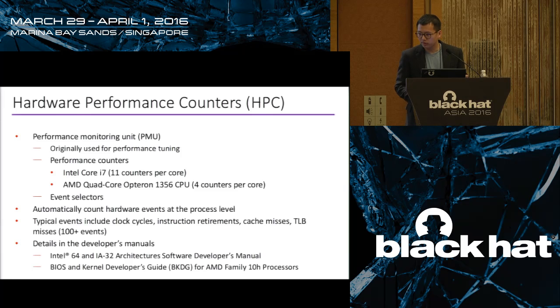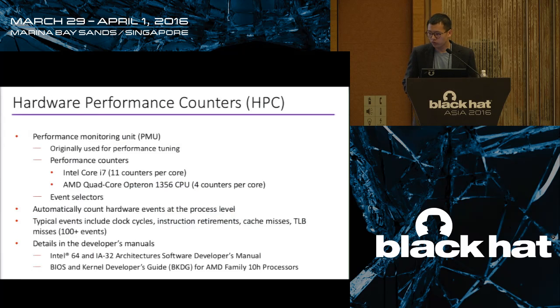All right, before I dig into the detail of NumChecker, I'm going to give a brief explanation of hardware performance counters. The hardware performance counters, HPC, are also known as the performance monitoring unit, and they were originally used for performance tuning. To give you an example, both commercially available Intel and AMD CPUs have those counters, and each core has a certain number of counters.